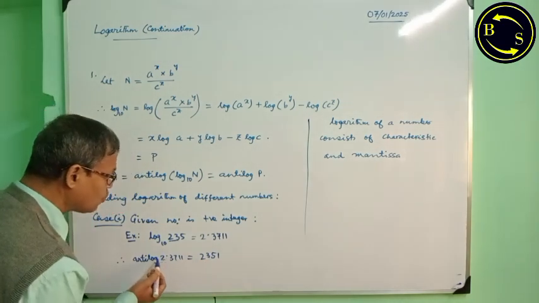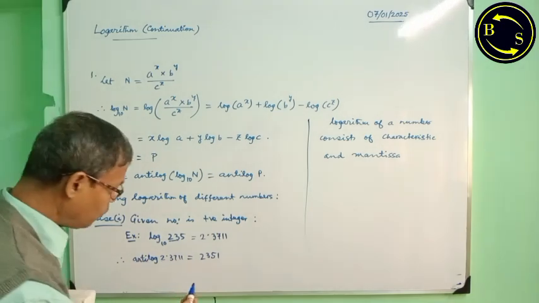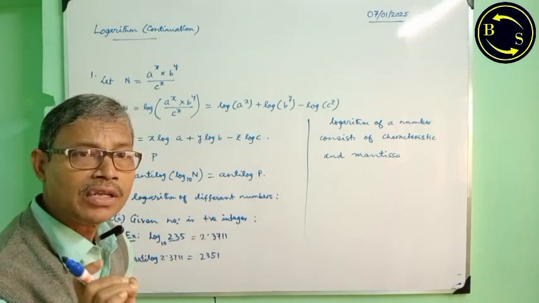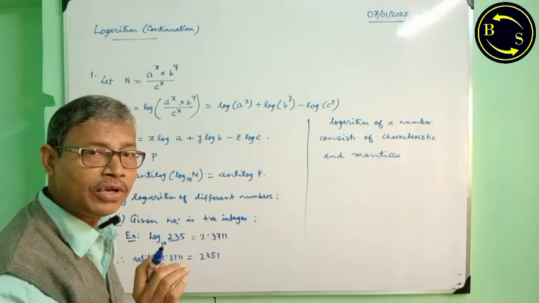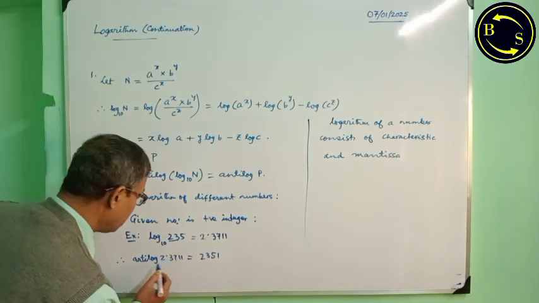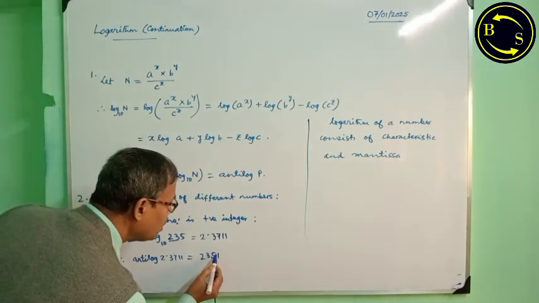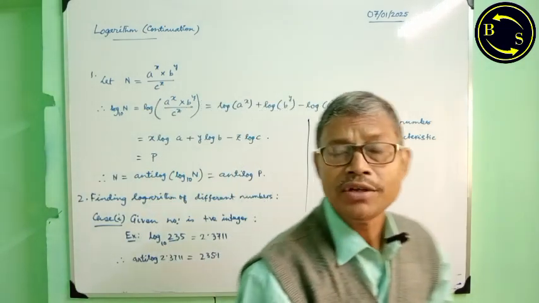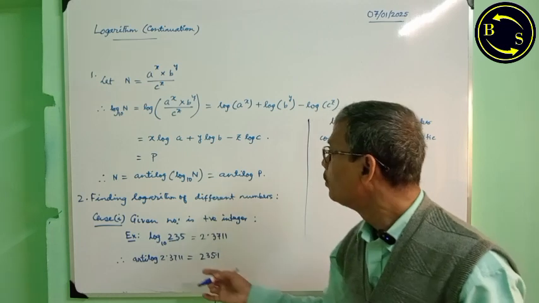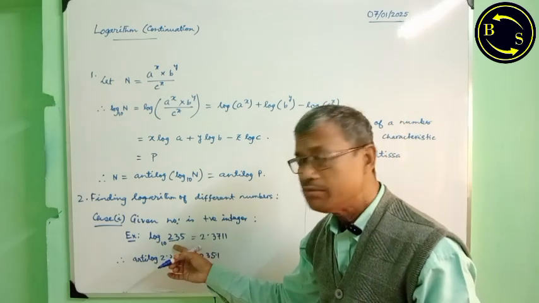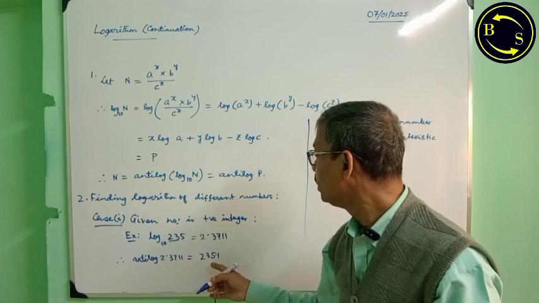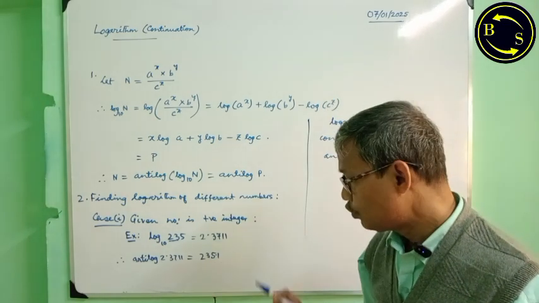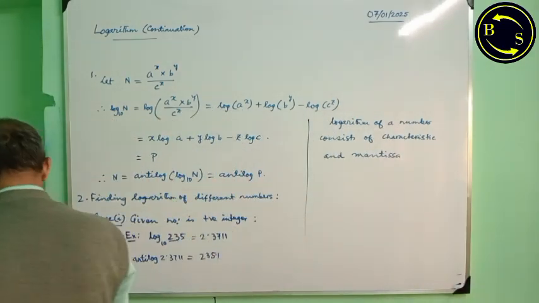Since the characteristic is 2, before the decimal point there are 2 plus 1 digits. That means there are 3 digits before the decimal point. Hence the antilog will be 235.1. Now we took the number 235, but after taking antilog we get 235.1. Actually we don't get the actual value. There will be a bit of difference.